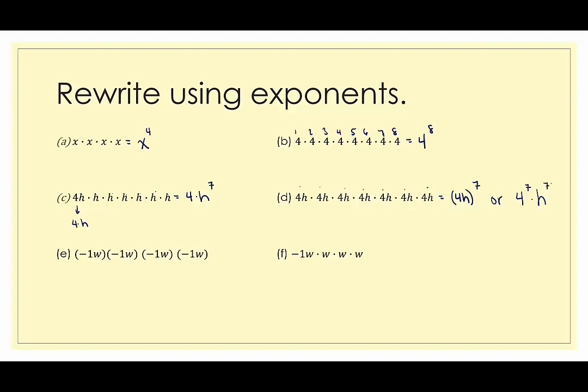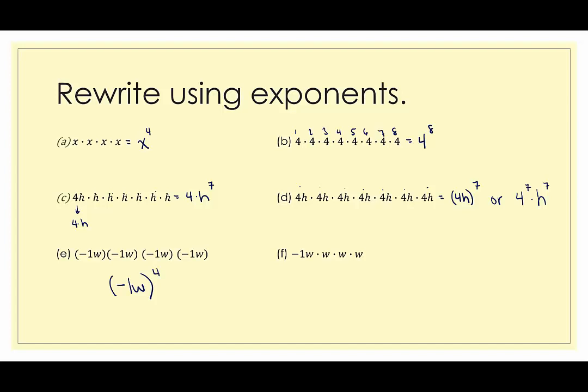And our last 2 examples, this is something that is a common mistake as we go through math, so I want to talk about it now. In letter E, what is the base? What is the thing that's being repeated? And we might say that it's negative 1w, because that's what I see over and over again. So I'm going to keep it inside parentheses just because there are 2 things here. How many times does it repeat? I see 4 factors of negative 1w.